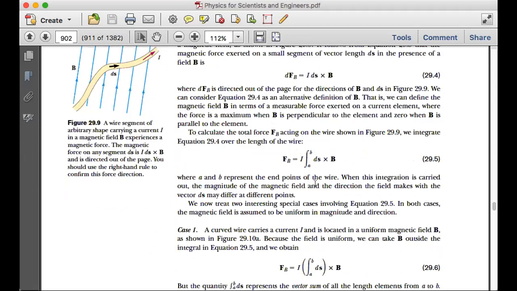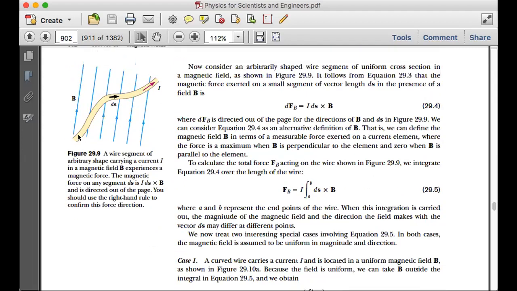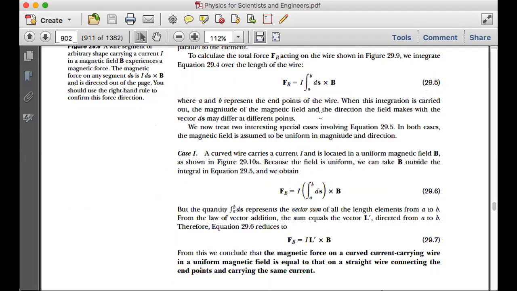So if we consider, for example, the wire from A to B, we get this integral. So let's say if the B is constant, then A to B should be L prime, okay?